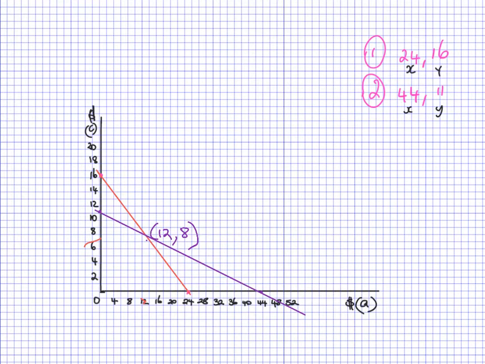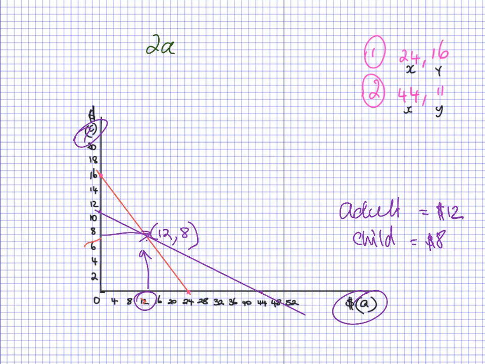So what it's saying here is that 12, we're going across to 12 here, is adult. So the adult ticket equals $12. And if we're going up, the child is $8. So child equals $8. We can check this by redoing our equation.